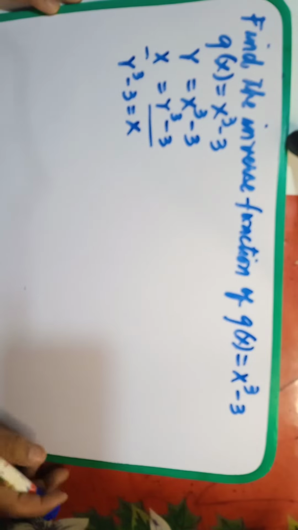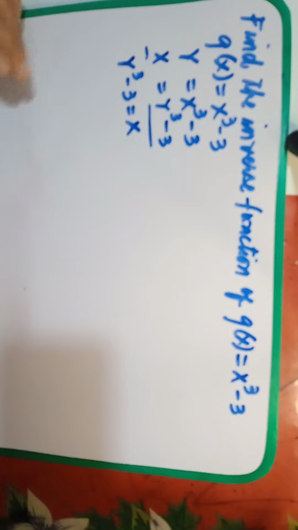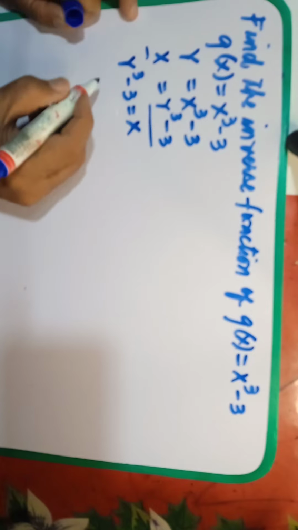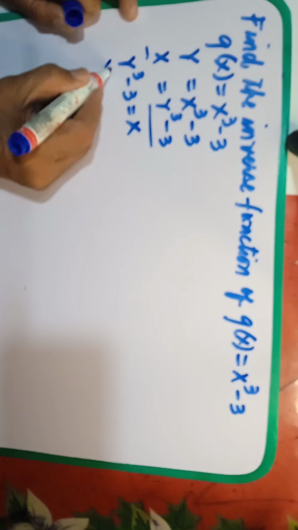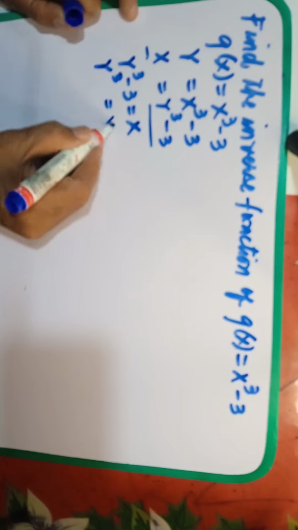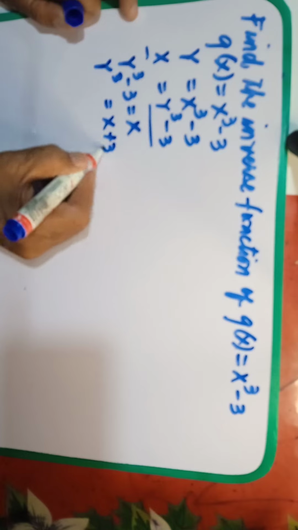So there will be no changing of signs of the terms. To solve the function further, we have y cubed equals x plus 3.